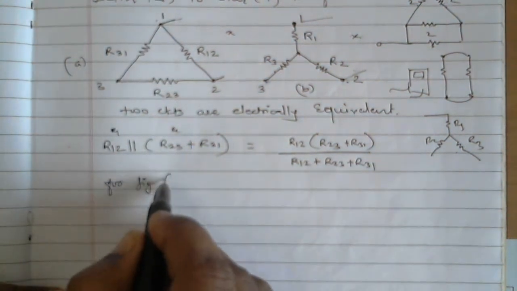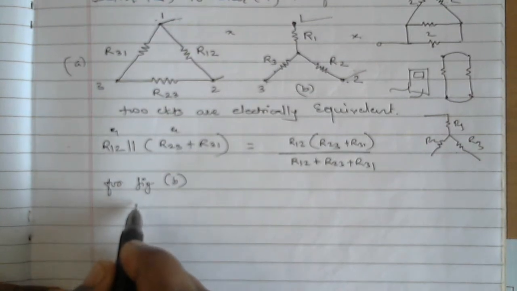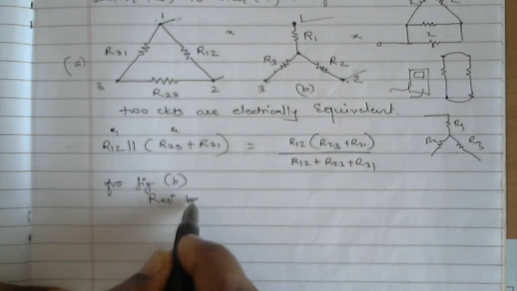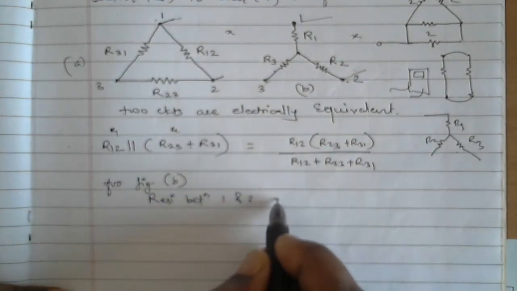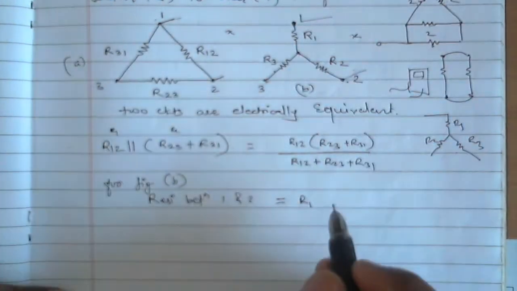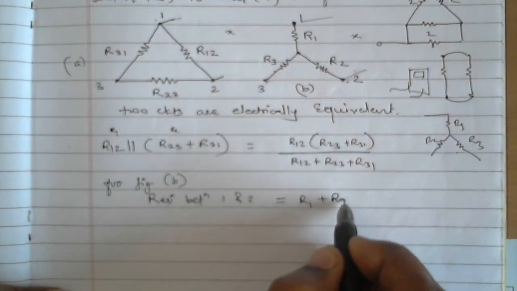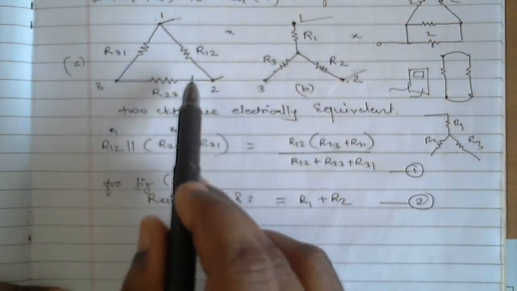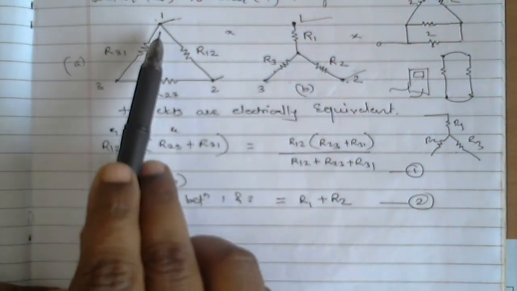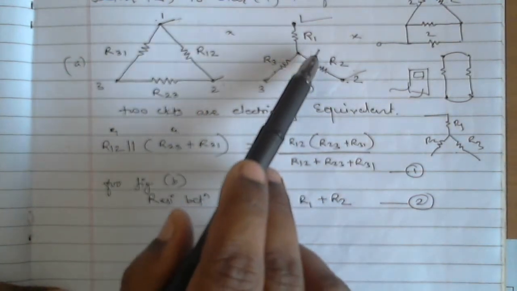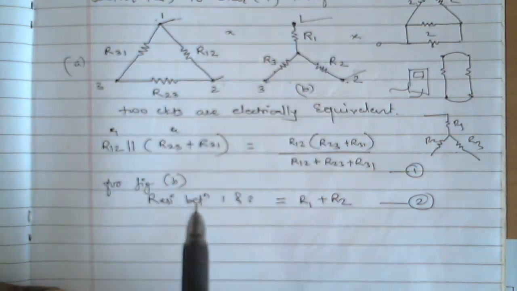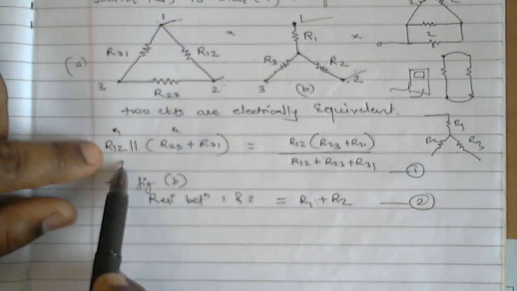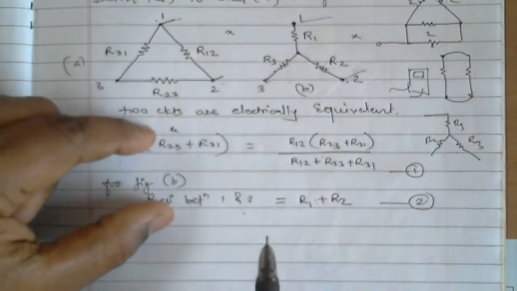For figure B, I can say resistance between 1 and 2 equals R1 plus R2. These two will become in series, R1 plus R2. Just now I said that these two circuits are electrically equivalent, meaning if resistance between 1 and 2 is X, then in this circuit also between 1 and 2 it should be X. So both should be equal.